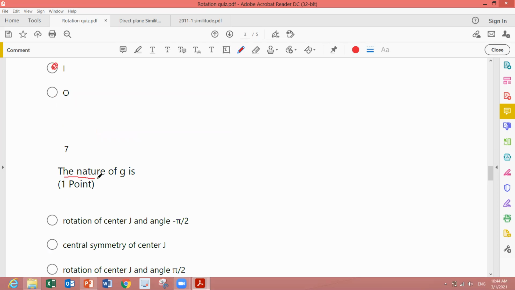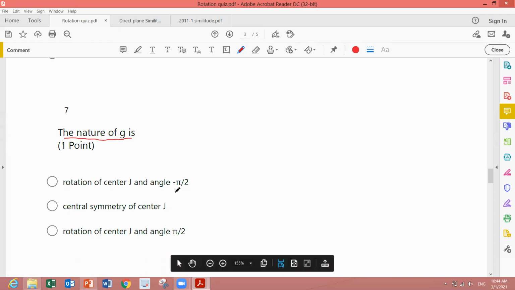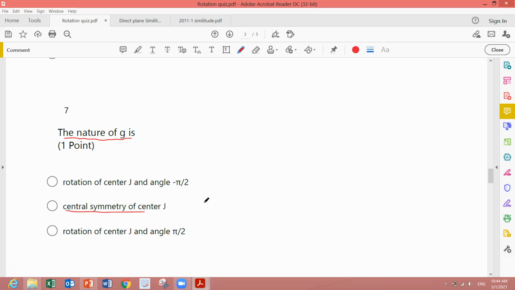Nature of G. Rotation of center G and angle minus pi over 2, central symmetry, or rotation of center J and angle pi over 2. The composite of a translation and a rotation also gives a rotation, no?